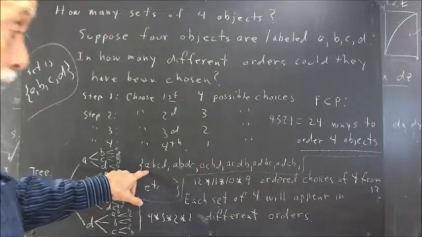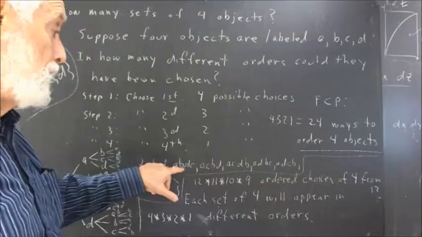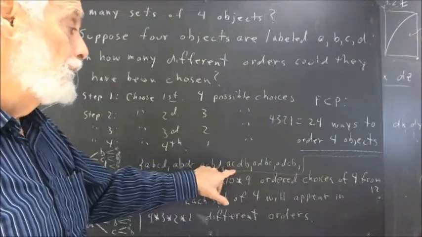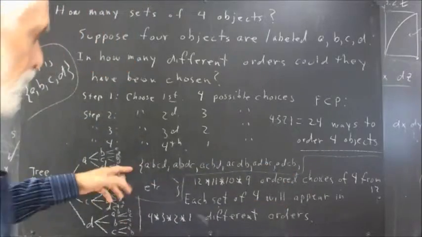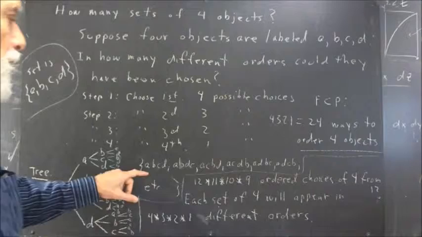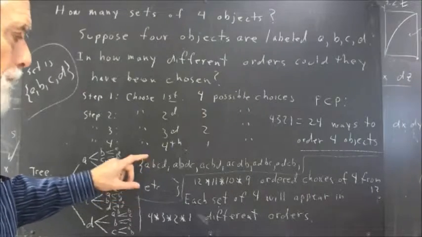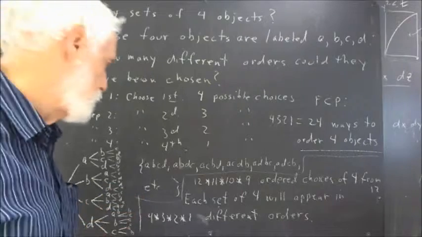Or we could do an alphabetical listing. I've listed A, B, C, D; A, B, D, C; A, C, B, D; A, C, D, B; A, D, B, C; and A, D, C, B. Those are the choices with A in front. Now, there are 6 of them. There are 6 possible orders with B in front, 6 with C, 6 with D in front.